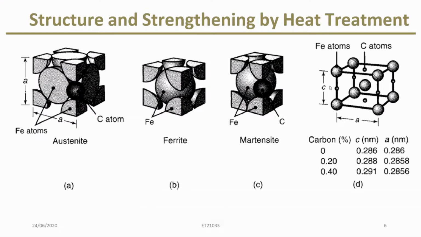On cooling, austenite can go two ways. The first is diffusion controlled, and the second is diffusionless. Diffusion controlled means slow to medium cooling to ferrite plus pearlite or bainite. Diffusionless means fast quench to martensite.